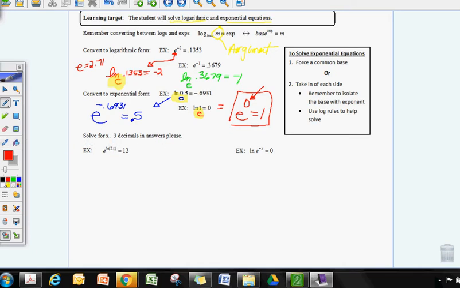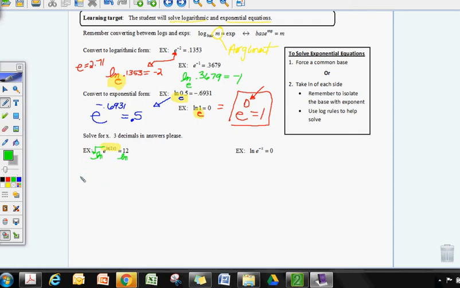I see that my x value is stuck up here in the exponent. The only way that I can bring that down is if I use some logarithmic rules. That means I am going to introduce a natural log on the left side, and a natural log on the right side.